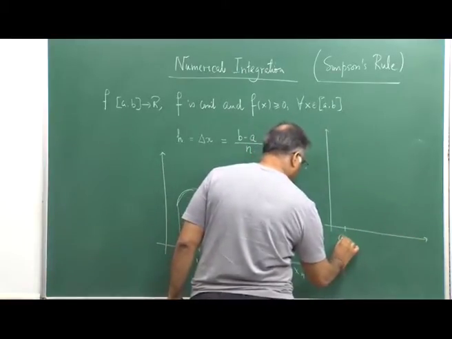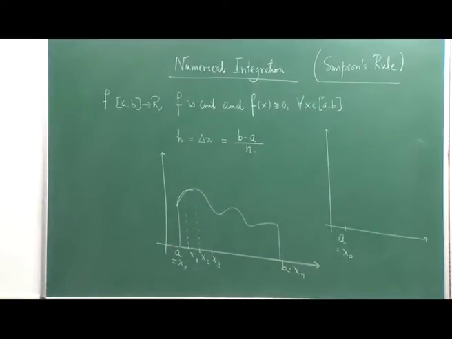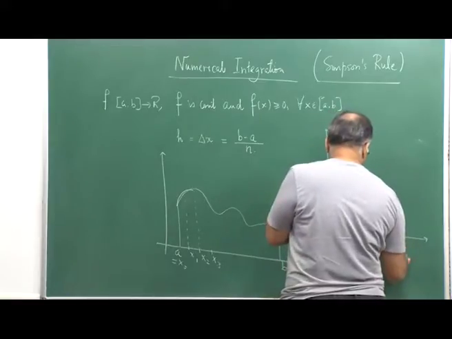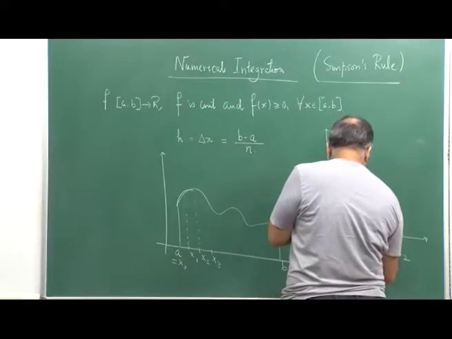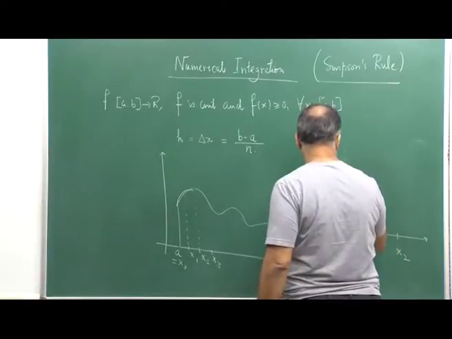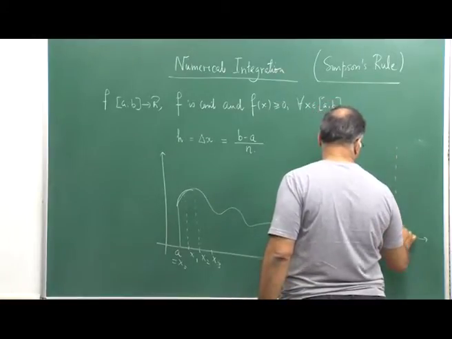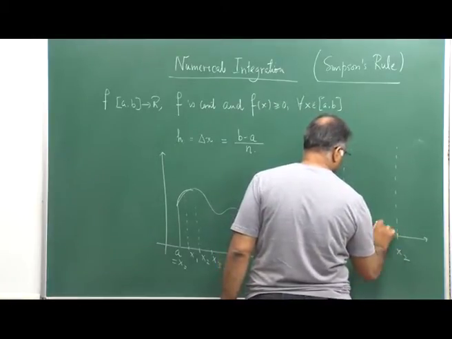Here is my A equal to x0, and this is my x2 with x1 here. This length is h and this length is h.